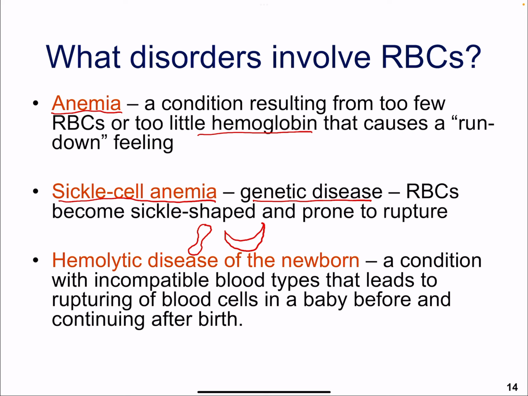Now, in addition to that, the sickle cells are going to be prone to rupture so that the amount of normal red blood cells in the body is going to be low, which is going to necessarily lead to anemia. That's why we call the condition sickle cell anemia.